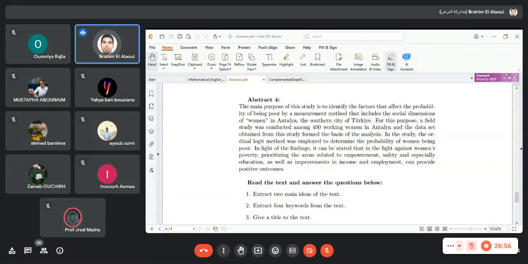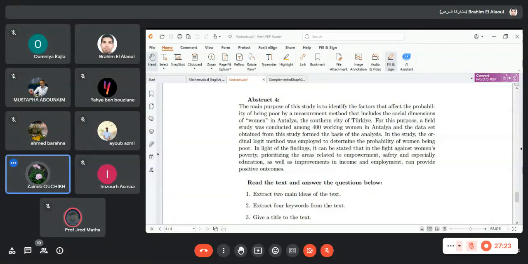I think the pronunciation in English is Logit. In French we say la fonction logique. You can check in Google Translate or DeepL and hear the pronunciation. Sure, thank you. So the second keyword is measurement method.